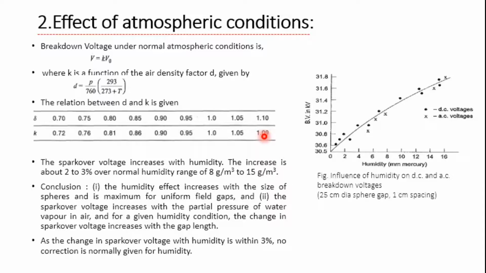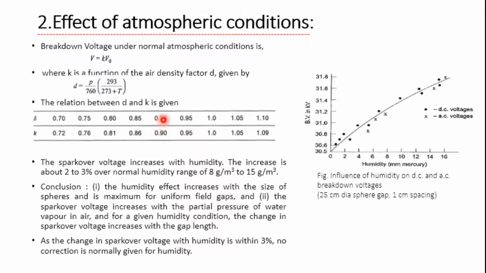In our laboratory condition, we generally get the delta value within the range from 0.9 to 1.05. Generally, the temperature varies from 25 to 35. If the pressure is not changing and is kept at 760 mm of Hg, the delta value we get remains the same as the K value.